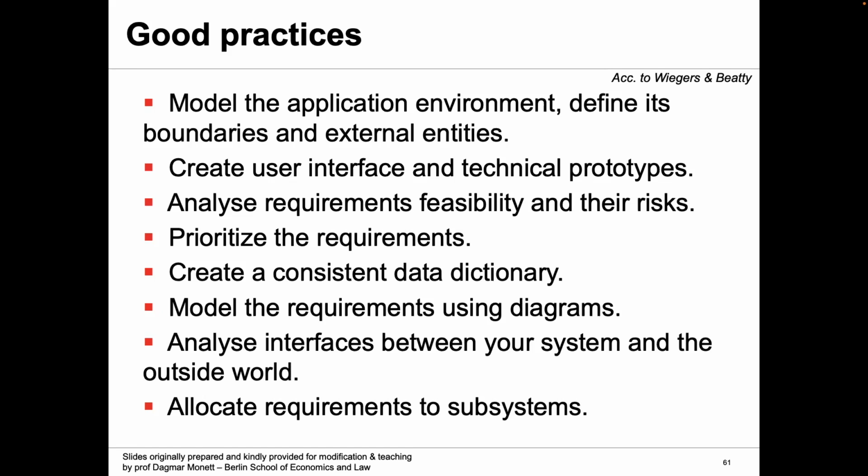And the W is for won't have, requirements that are not really important for this first release of the application or the system. So based on the priority, you determine what features the first release of that application will contain, right? And so, prioritizing the requirements, another good practice.